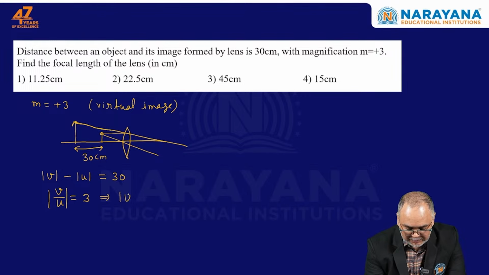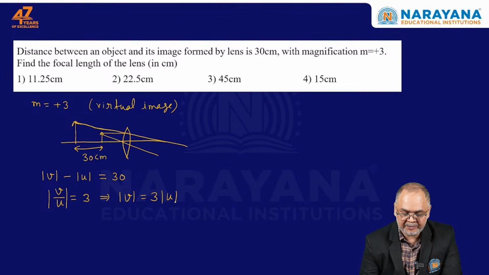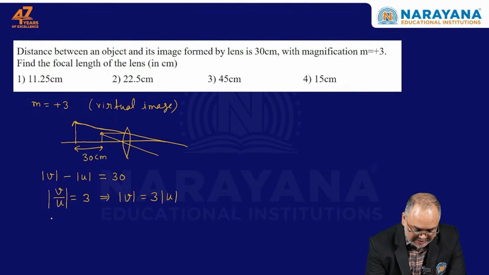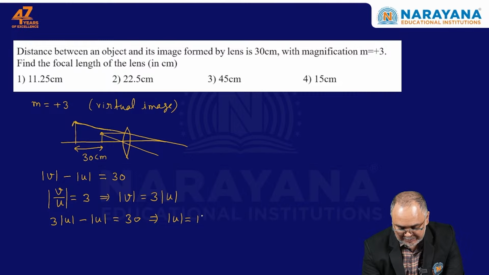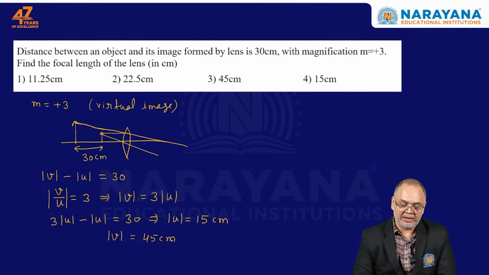So we can write mod V is equal to 3 times mod U. Now I can put the value here. So I'll get 3 times mod U minus mod U is equal to 30. So the magnitude of U is 15 centimeter. And similarly, the magnitude of V is 45 centimeter.